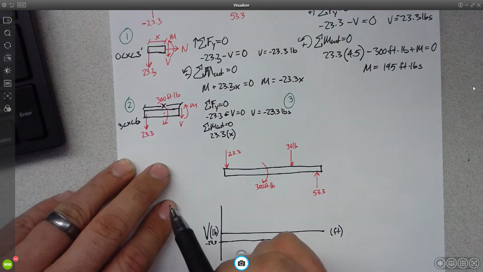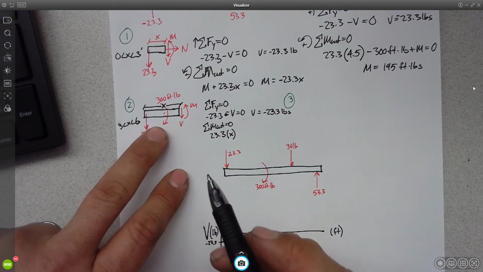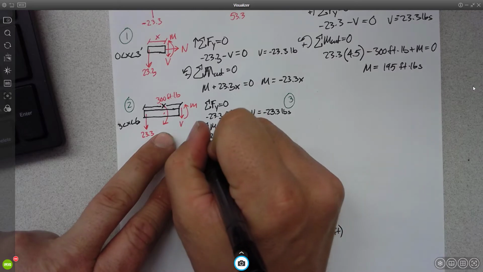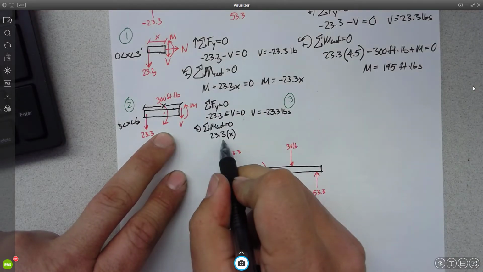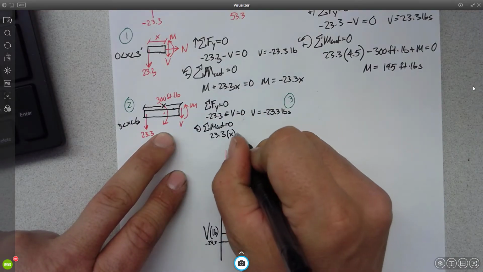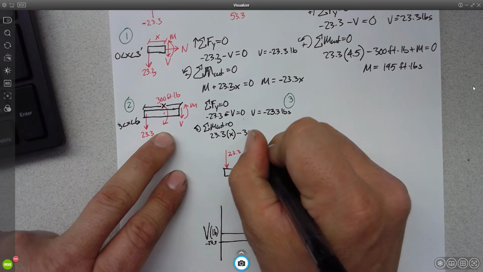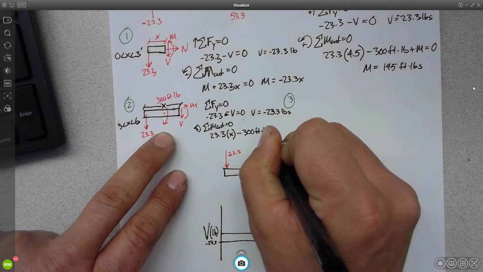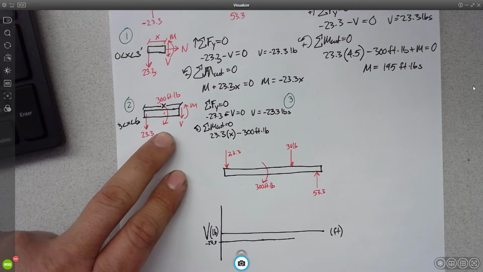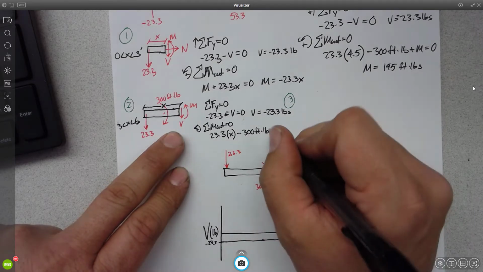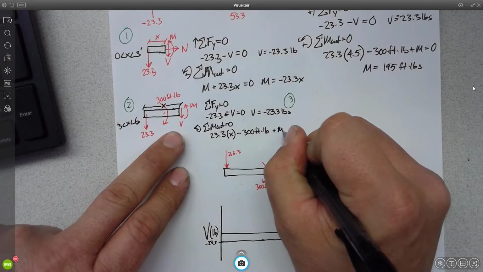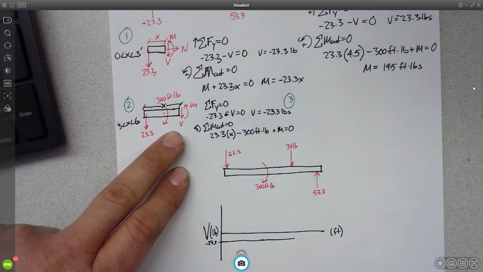That's the distance from the cut. And we're saying this way is positive, so that would be positive. We'll have minus 300 foot-pounds plus M equals 0.